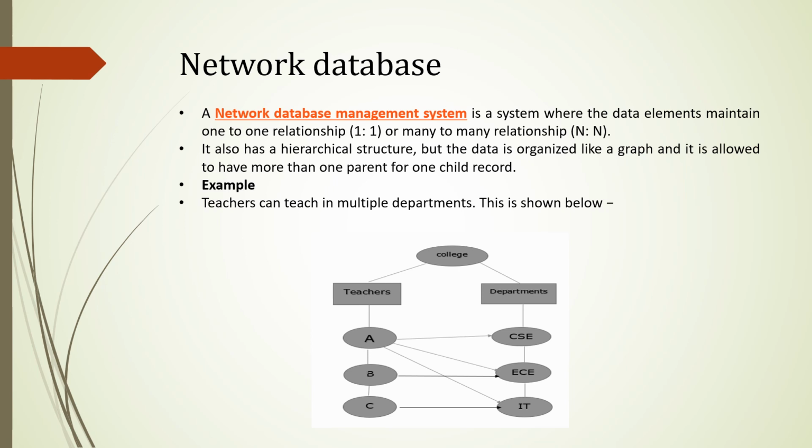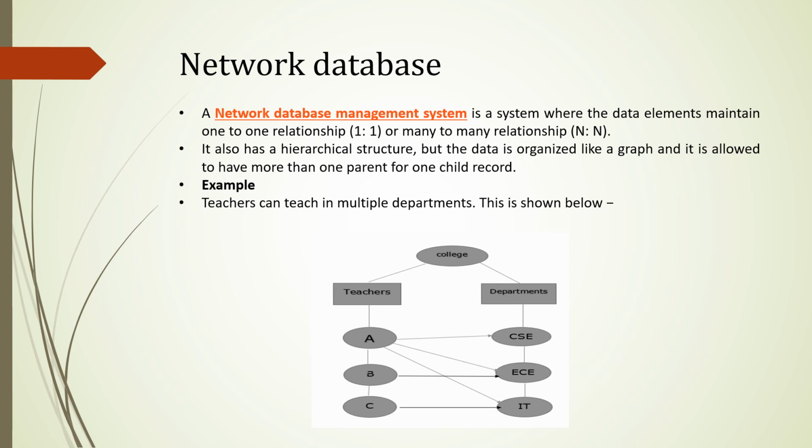That means in this A, B, C, teacher A can go to the department of computer science, ECE department, and IT department. That means she can teach in these three departments. And now coming to B, the teacher B also can take all the 3 classes, but she's only taking the class of ECE.